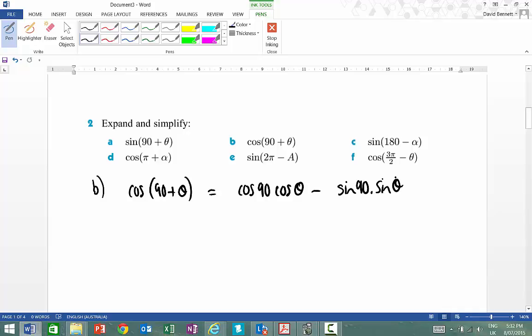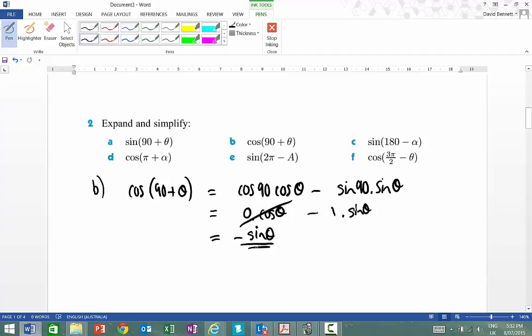Now, thinking about cosine of 90 on the unit circle, we know that's actually equal to 0. And then we've got cosine of theta, doesn't really matter because that's just going to go out. Now, sine of 90 is 1 times sine of theta.